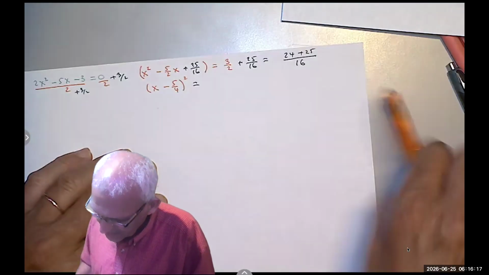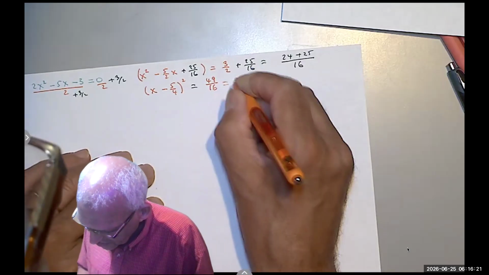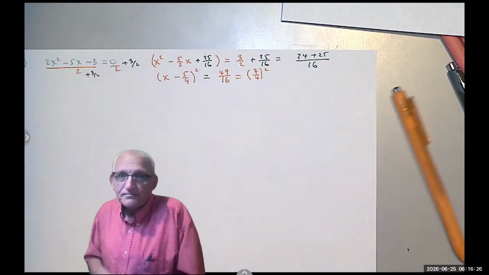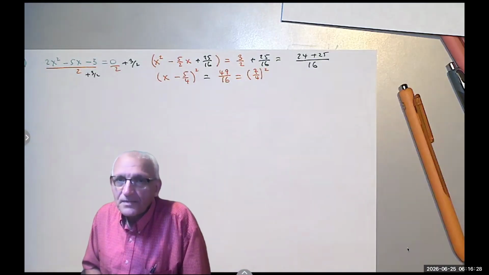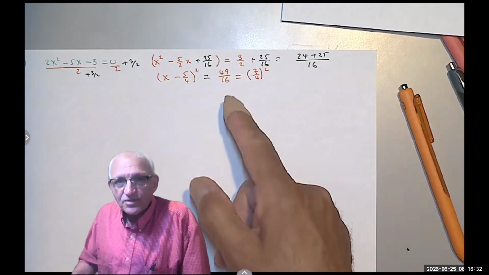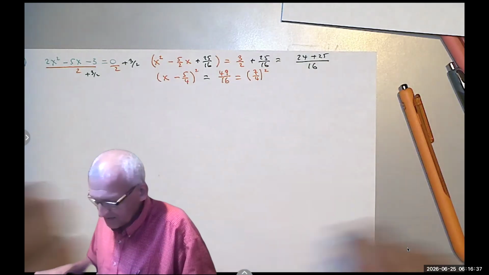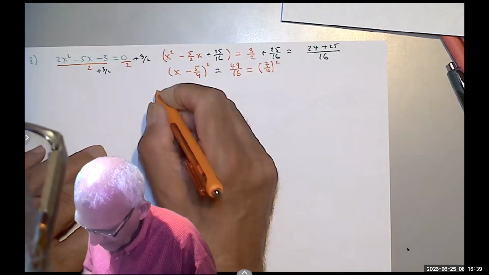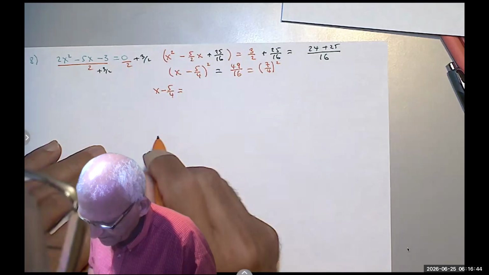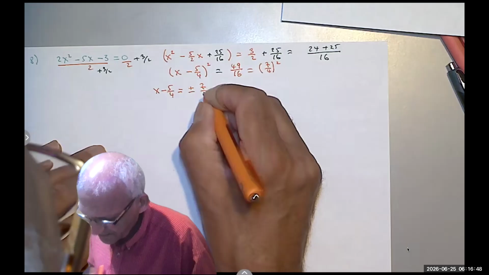So this becomes 49 over 16, which is 7 over 4 quantity squared. Okay? Usually they will give you, not necessarily, but many times they will give you perfect squares. So when you take the square root, it becomes easy for you to proceed.